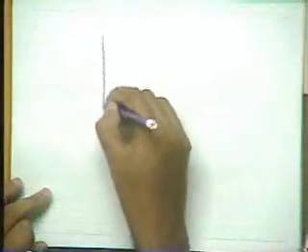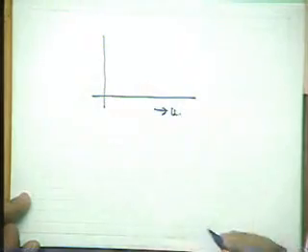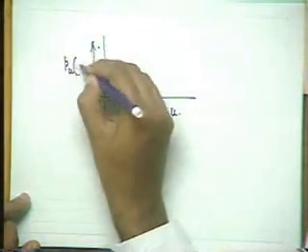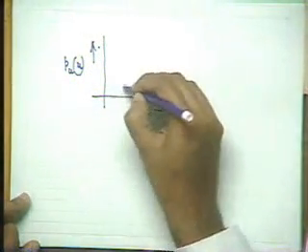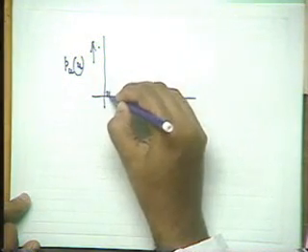Meaning, supposing my intensity distribution is something like this. Again, I am considering the probability density function of u. This axis is u, and this axis is the probability density function of u. And supposing we have a PDF something like this.